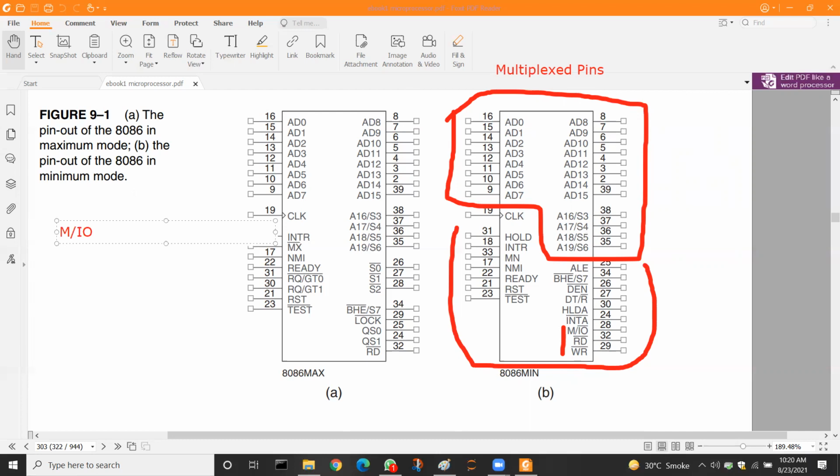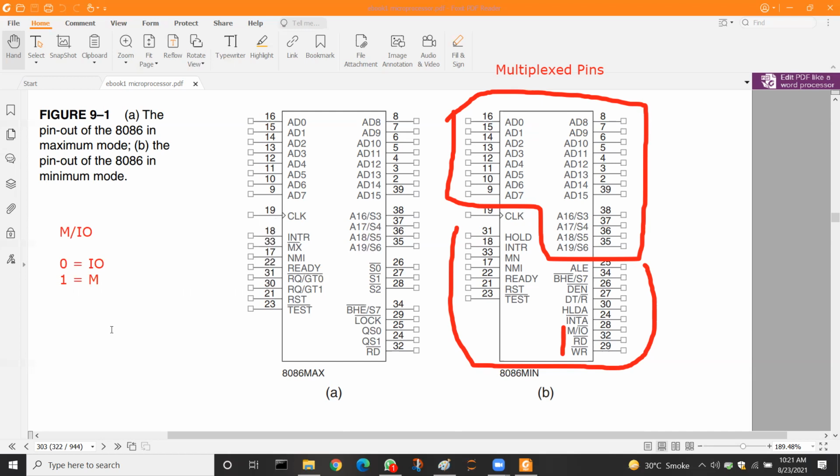So if this pin is logic level 1 or 0, in case of 0, because in the figure we can see the IO active logic is low, so the IO is selected, whereas for M the memory is selected.